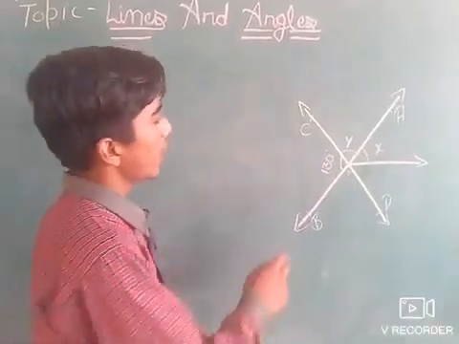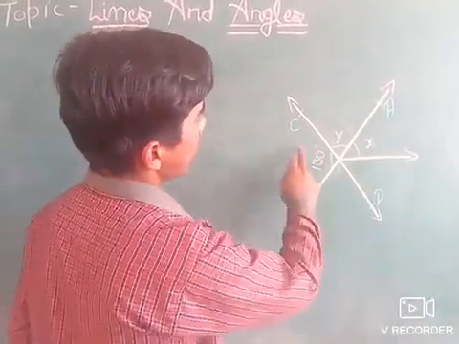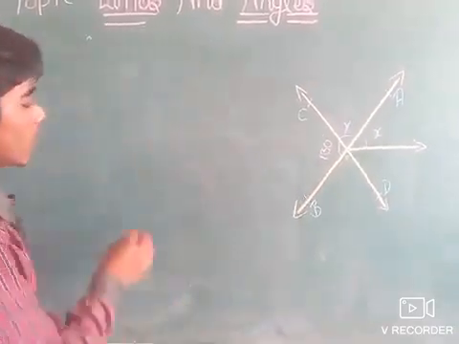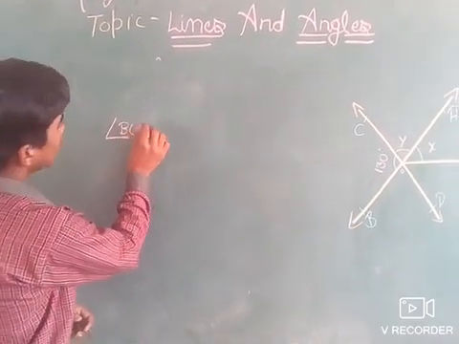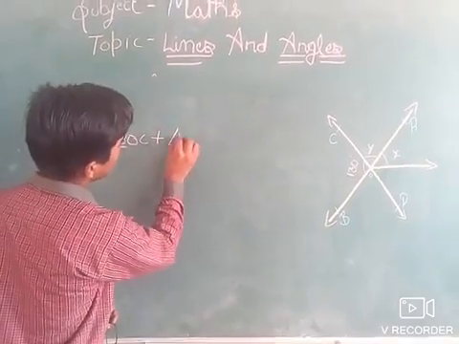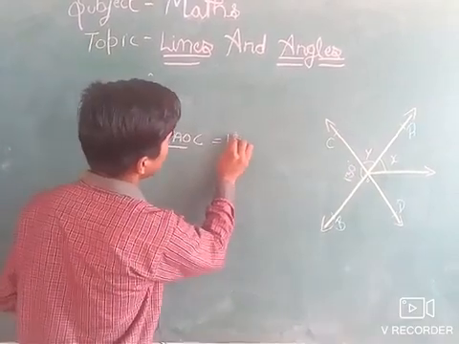We have to find angle Y and angle X. BOC and AOC make a linear pair. So angle BOC plus angle AOC is equal to 180 degrees.